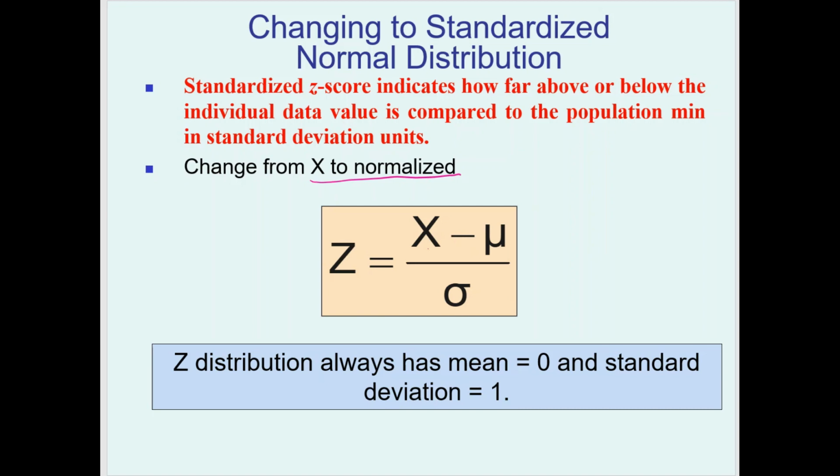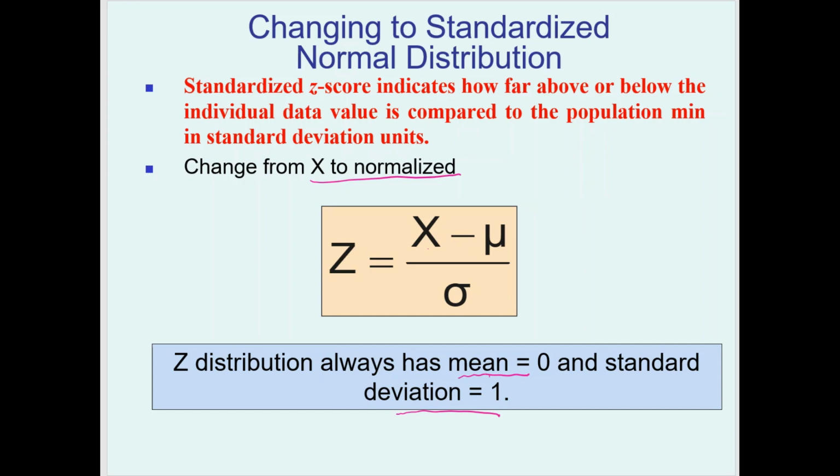This is your standard deviation. So it is as explained in this definition here. And Z distribution always has mean 0 and standard deviation equal to 1. Okay, so this is applicable for standardized normal distribution.